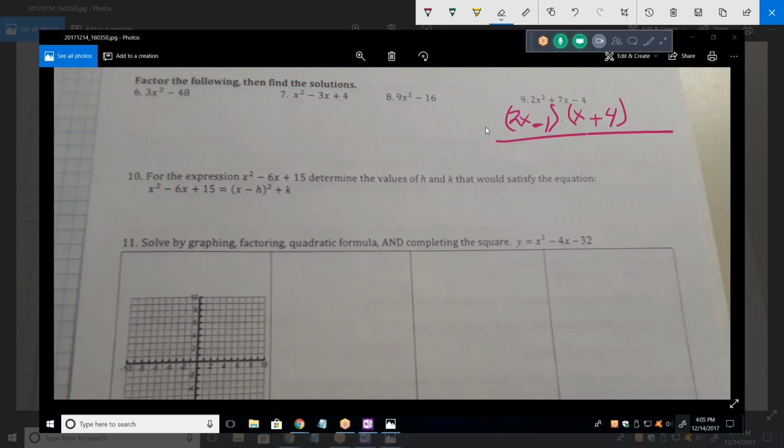Your teacher meant that these were all equations equal to 0, and after you factored them, you solved them. So if that's equal to 0, then solve it.